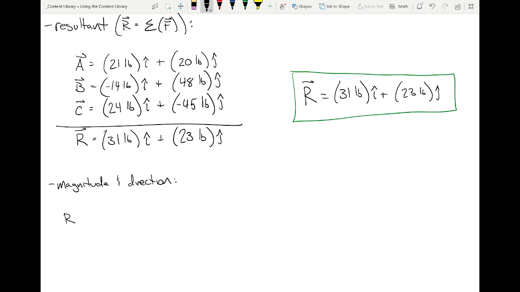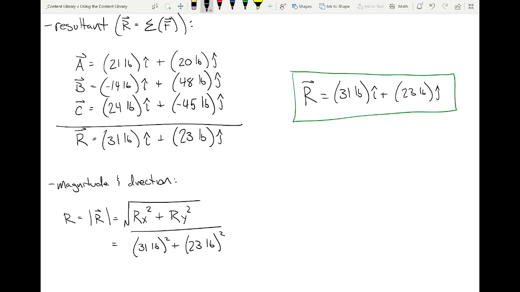So the magnitude of R is just that. So what is that? And I don't think this number comes out pretty. I think you have to round this one a bit. So we'll say like 2 decimal places.